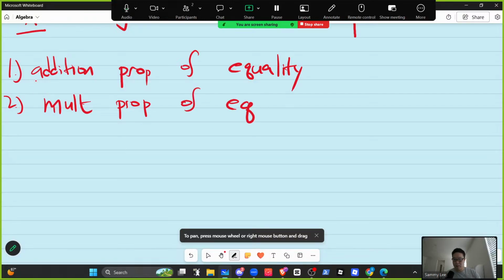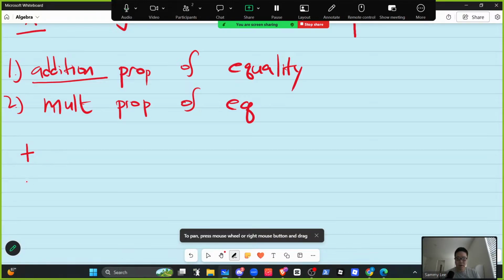Now, the addition property of equality also applies to subtraction. That actually occurs a lot in math because subtraction is just adding negative numbers.